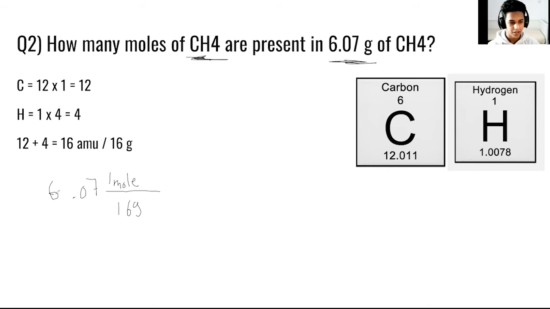I mean, that's a basic cross multiplication. I do it that way. If you have another way, you can do it. You're free. So by that, we will have 6.07 times 1 mole over 16 grams. It looks like a 9, but it's grams. Don't worry. So that will be 6.07 over 16. You can use your calculator.